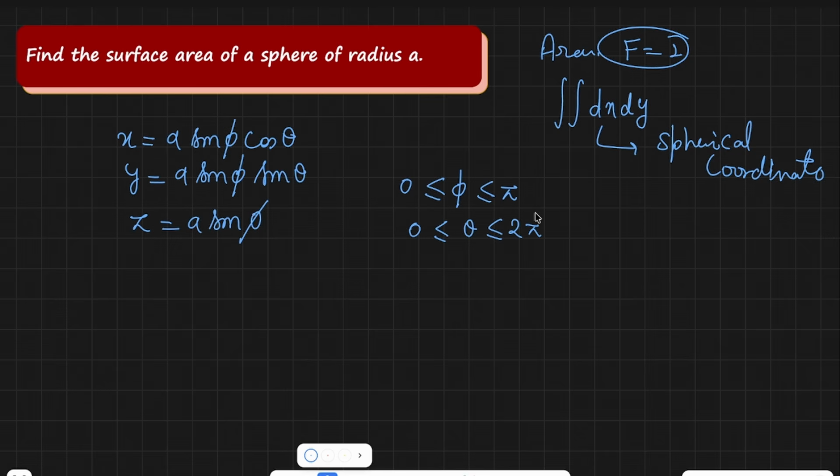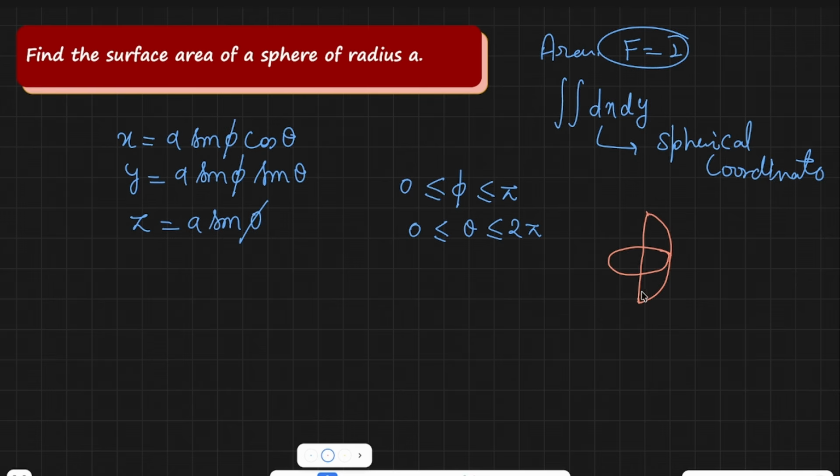Why is this happening? Just try to understand. This is a sphere. How is the sphere formed? Imagine one orange and take one slice of it. Now keep it vertical. This is basically the vertical slice. Once you have one vertical slice, you add all the vertical slices in this format.